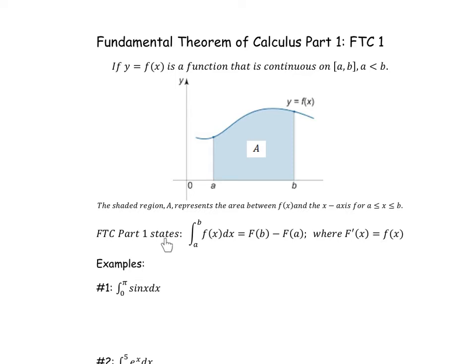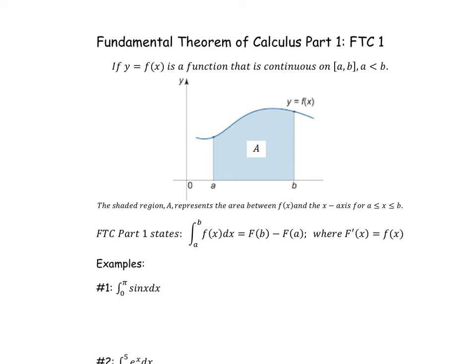The fundamental theorem states, now I'm not doing a proof of this, however, if you want something a little bit more concrete as to why this works, talk to me on the side, we'll work it out. Okay, the integral from a to b, notice this is now a definite integral, of f of x, or the area under the curve, is equal to big F at b minus big F at a.